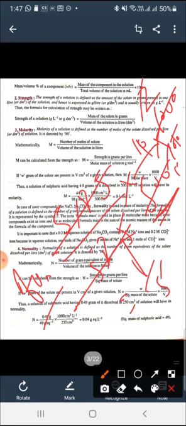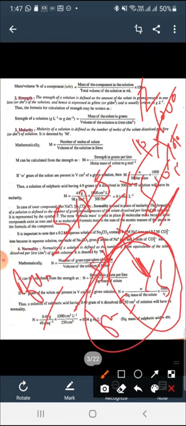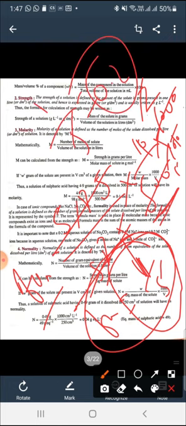As we cut all the values, we come to the conclusion 1 by 5. So formality here is 1 upon 5, that is equal to 0.2.